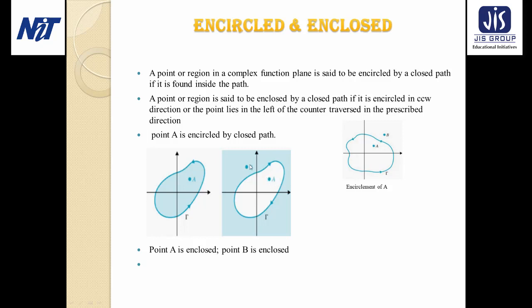So here the point B is considered to be enclosed within this contour, whereas the point A is not enclosed within this contour. So after checking whether a point is enclosed within the contour or not, we need to find out the number of encirclements.